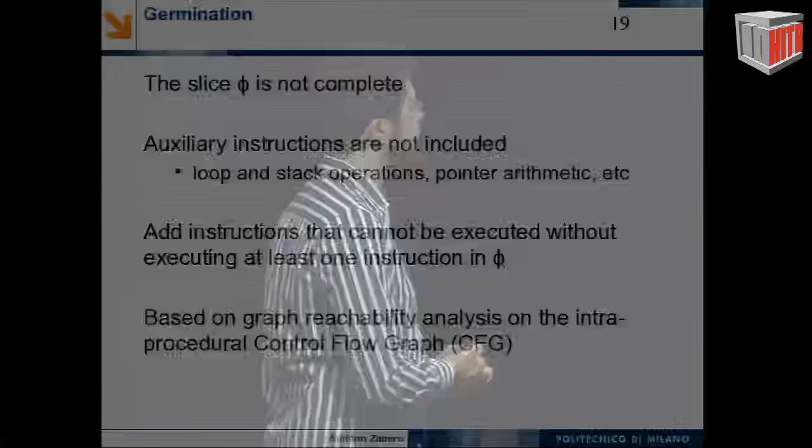At this point, since I've been filtering and filtering and filtering, my slice is obviously incomplete. I'm left with only the instructions that are exclusive to the behavior, but this is not sufficient to actually have a set of instructions that will run. So what we do is we pick up these instructions and we basically complete the graph by adding all the instructions that cannot be executed without tripping on at least one of these instructions.